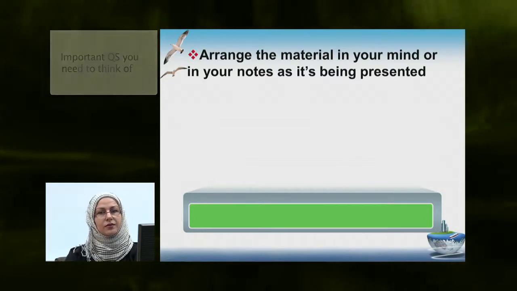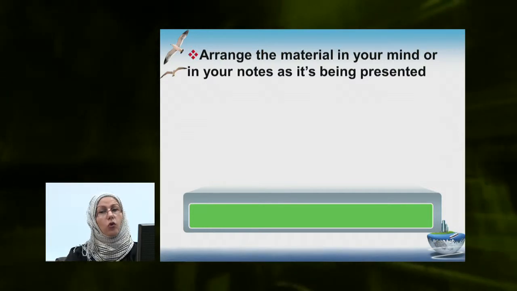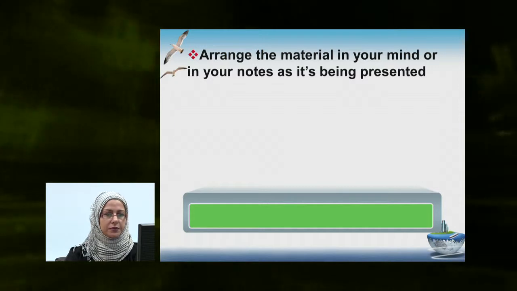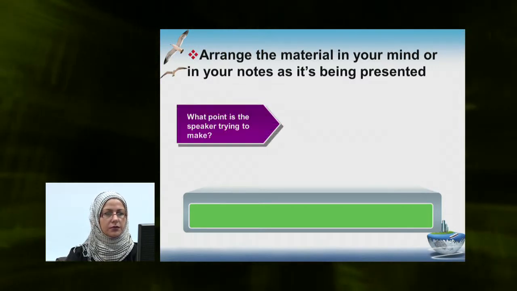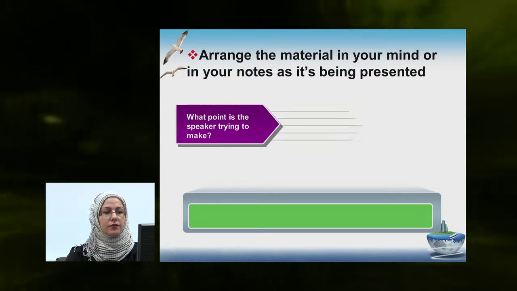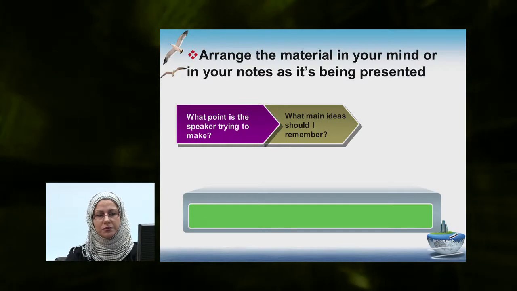Second step, we need to arrange the material in our mind or in our notes as it is being presented by the speaker. What point is the speaker trying to make? What main ideas should I remember?